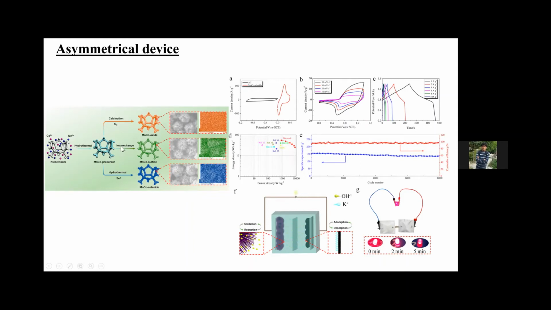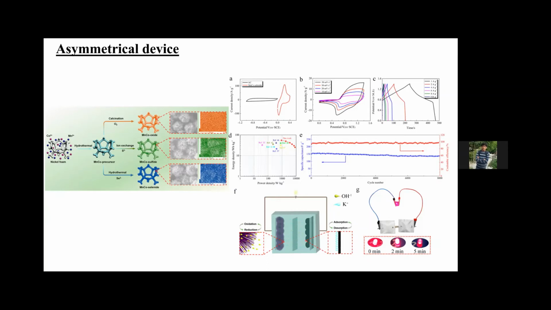If they add sulfur precursors, then it becomes cobalt manganese sulfide. If they use a selenide precursor and do a second hydrothermal step, they can get cobalt manganese selenide-related material. So based on that, they get different materials.